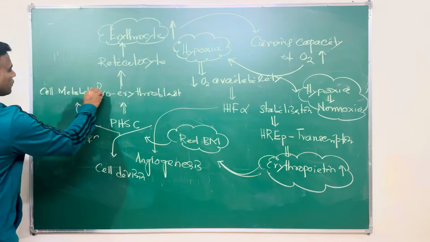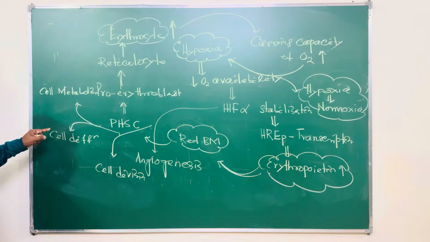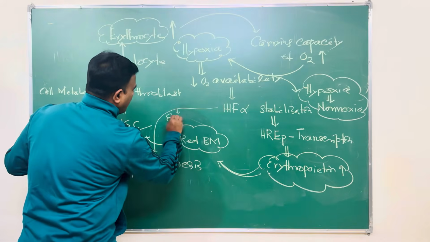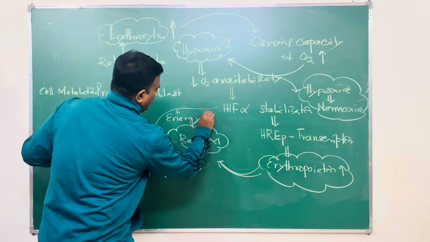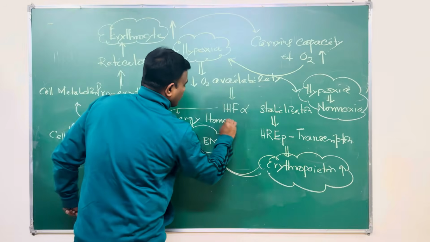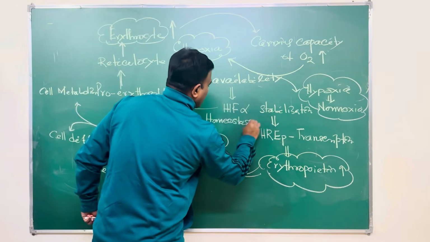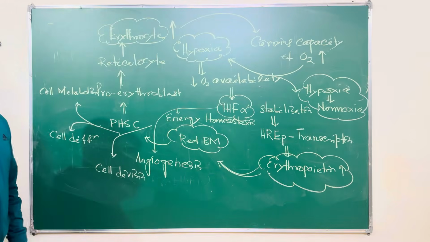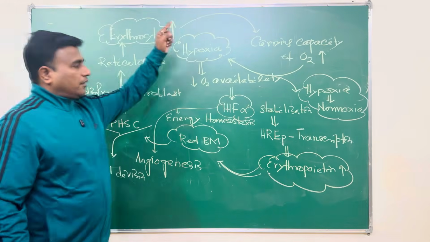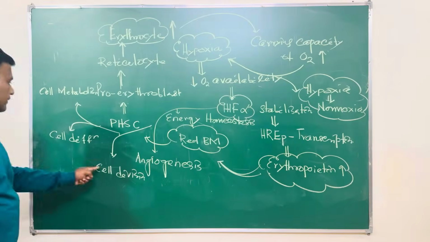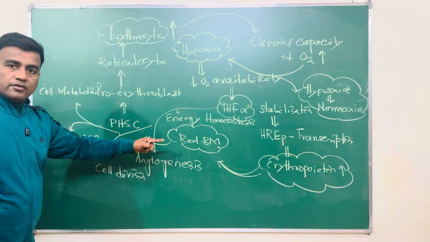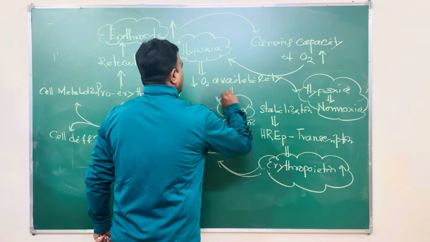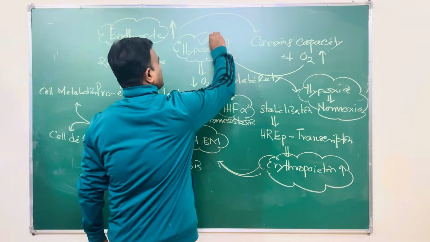These are also some of its functions, and I can add another one: it also supports energy homeostasis. That means so many important functions are there for this HIF alpha. Besides, erythropoietin also brings out a number of activities. That's why it is said to be a master molecule during hypoxia.